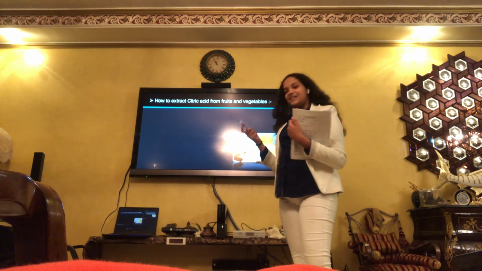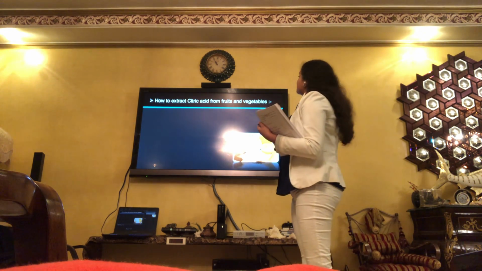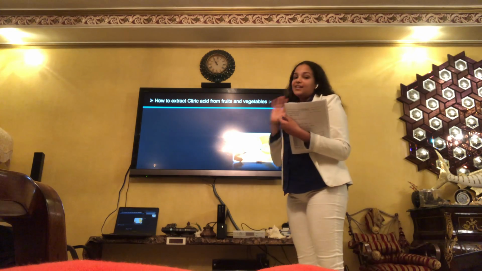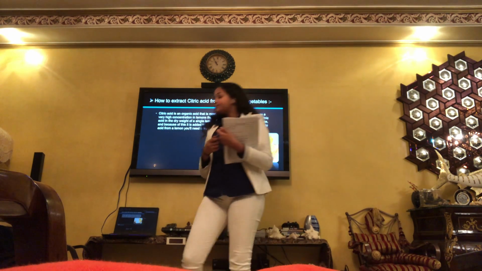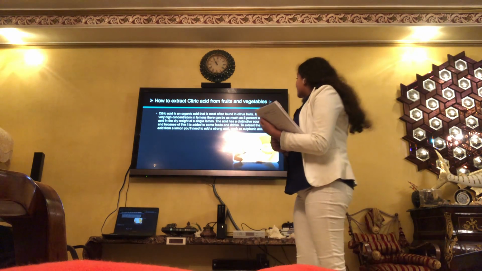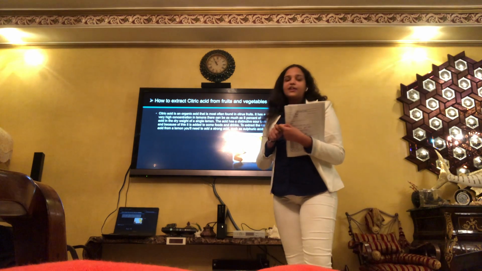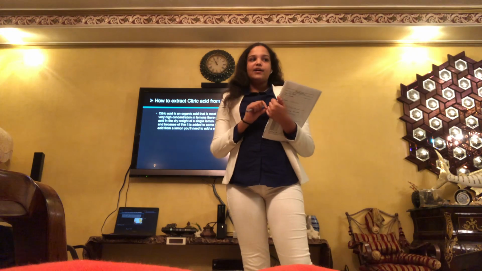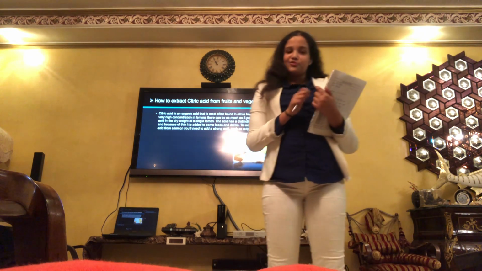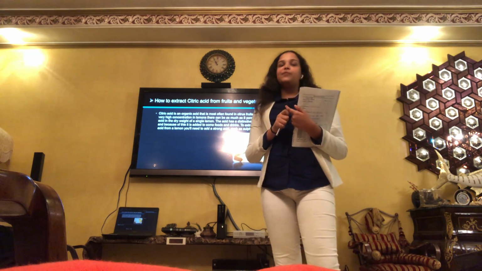And now let's begin with our first acid, the citric acid. How to extract citric acid from fruits and vegetables. Let's see how. Citric acid is an organic acid that is most often found in citrus fruits like oranges, lemons, or limes, and also found in grapefruit and pomegranate.